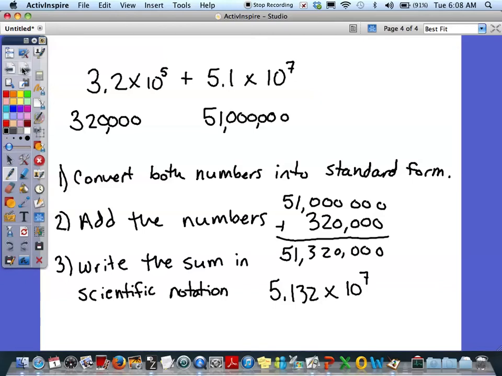I was going to do one more example problem, but the video is getting kind of long here, so I'm just going to say this last thing. If I had a problem like 3 and 4/10 times 10 to the 5th minus 4.1 times 10 to the 3rd, you could approach this problem in exactly the same way that I showed you before.